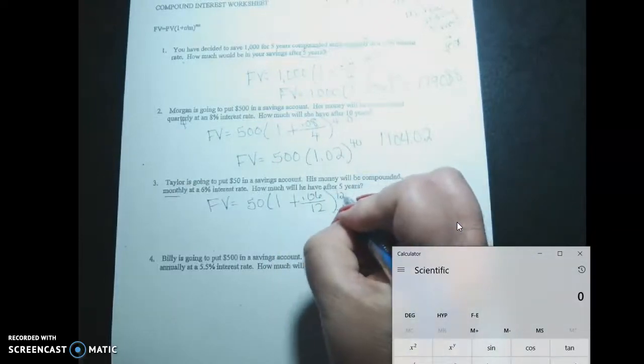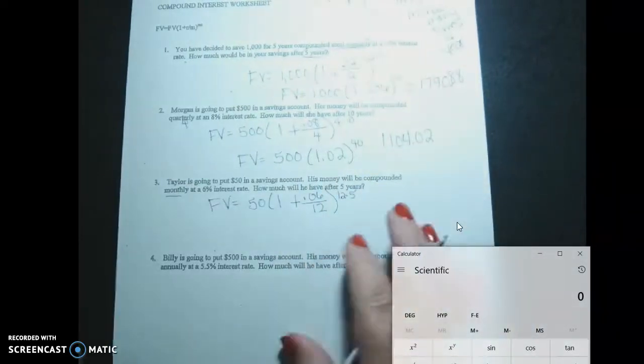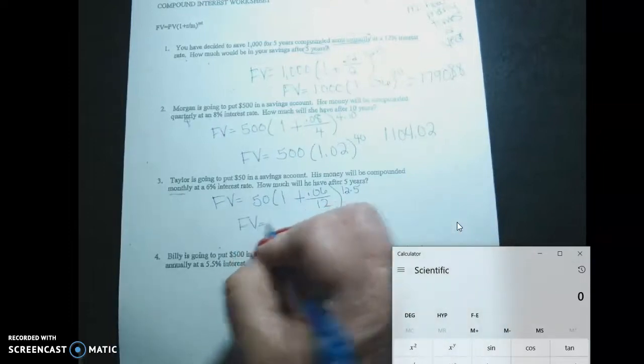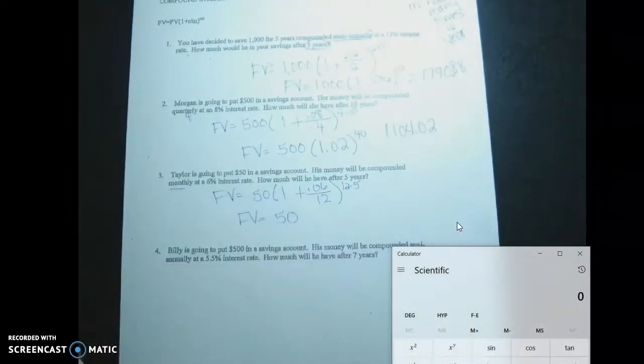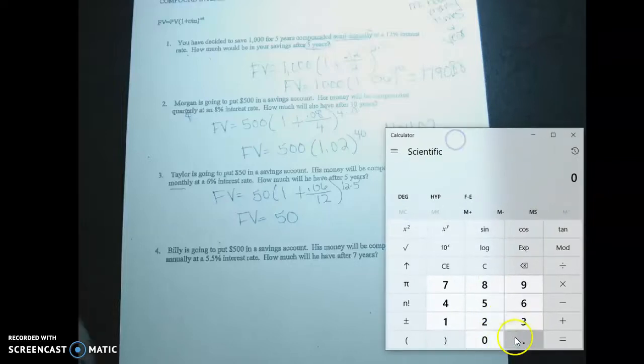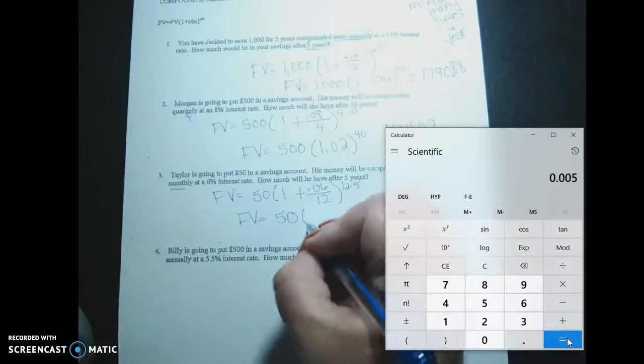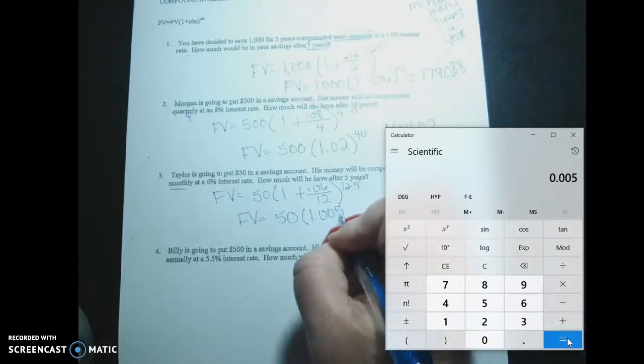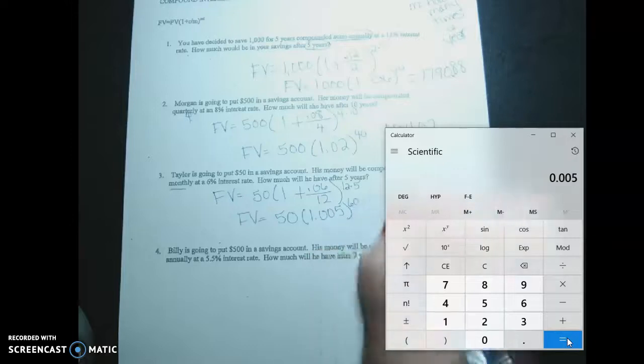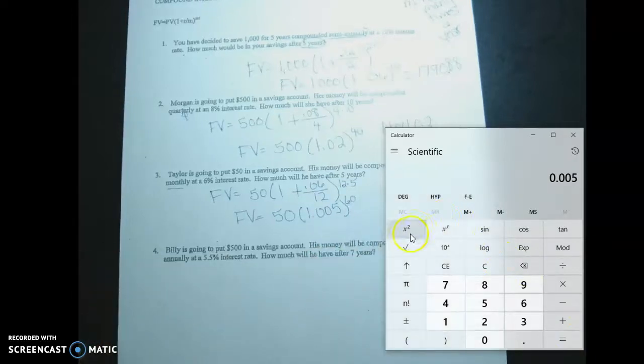And we got to take 12 times 5 for how many years? So just to make sure here, let's take 0.06 divided by 12. And we get 1.005 to the 60th.